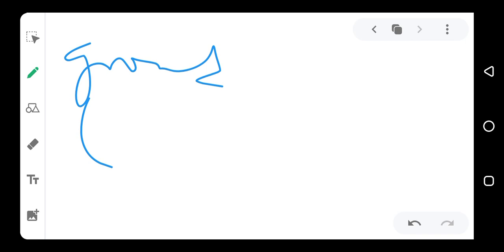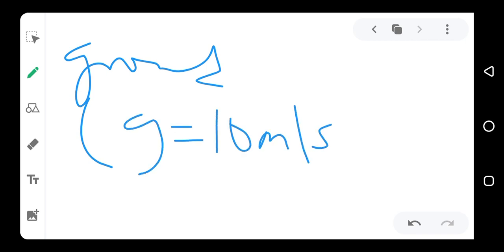Now we are given that g is equal to 10 meter per second squared.